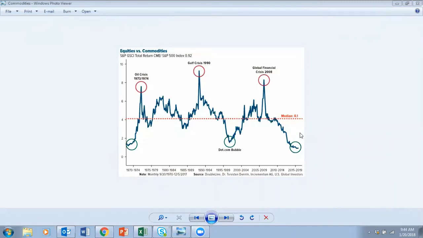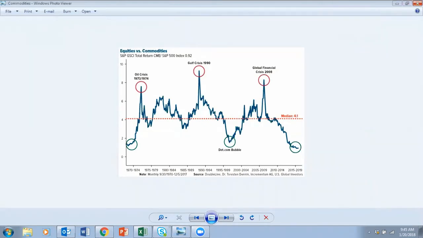They then oversupply the market, and so on. So what we should expect to see is a rise in commodity prices, and we already have started to see that, by the way. That should continue, and we should see money rotate out of a lot of these overvalued stock market names and into commodity names.